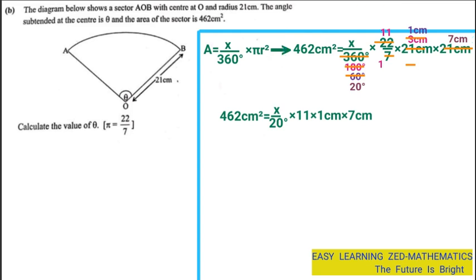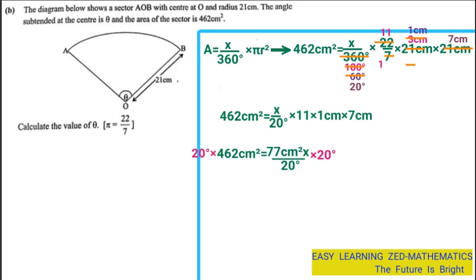Okay, so I'm going to write 77 centimeter squared x, which will be over 20 degrees. Now I need to get rid of the fraction like I said earlier on, so I'm going to multiply both sides by 20. So I'm going to multiply by 20 this side and also by 20 this side.